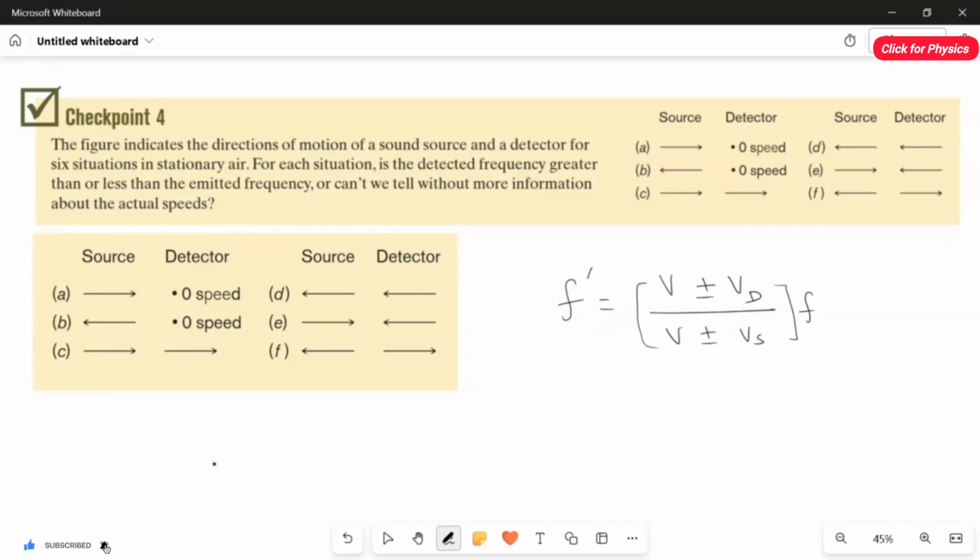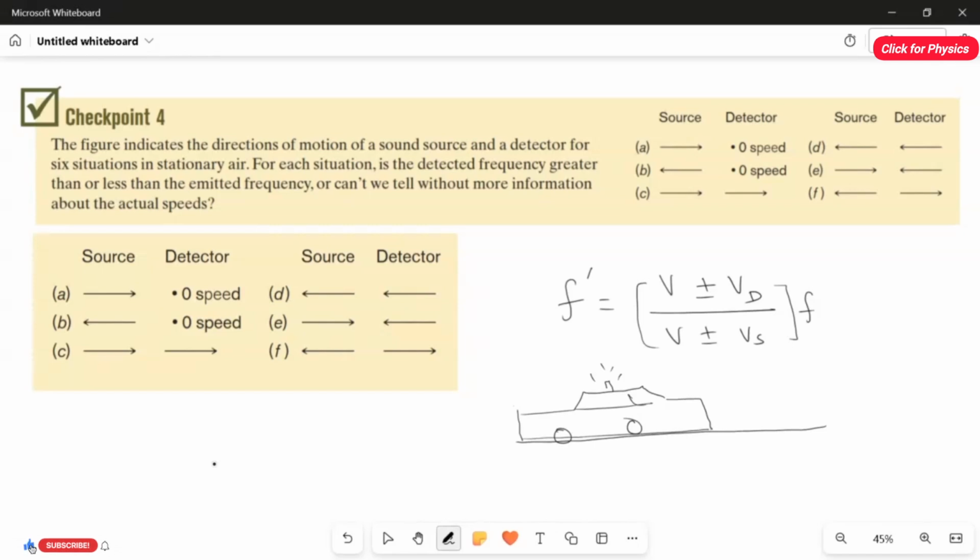I'm going to draw another diagram. Here we have a source, let's take the police car, with a siren, because the sound waves are emitted from the siren.